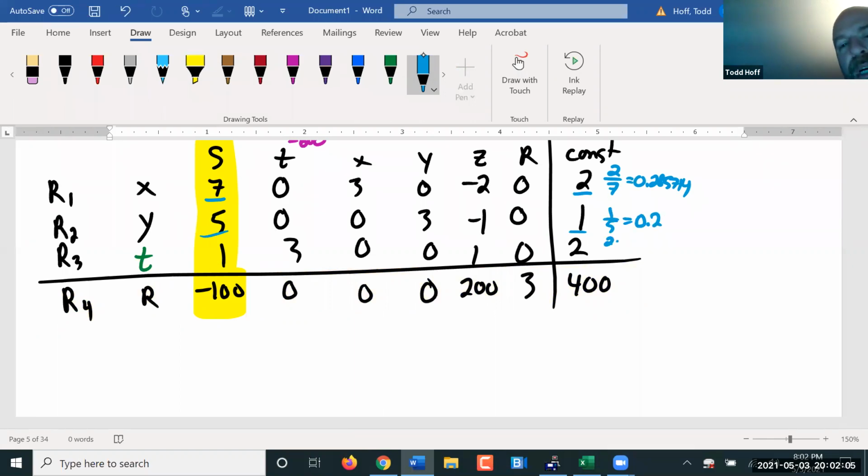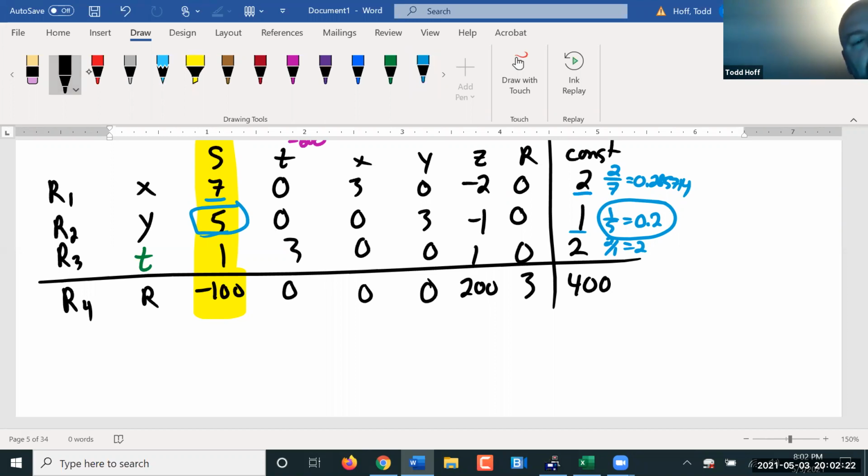And 2 divided by 1 is just 2. So our smallest test ratio here is the 0.2. 5 is going to be our pivot for this tableau, so we're going to use that 5 to eliminate the other values in that column.